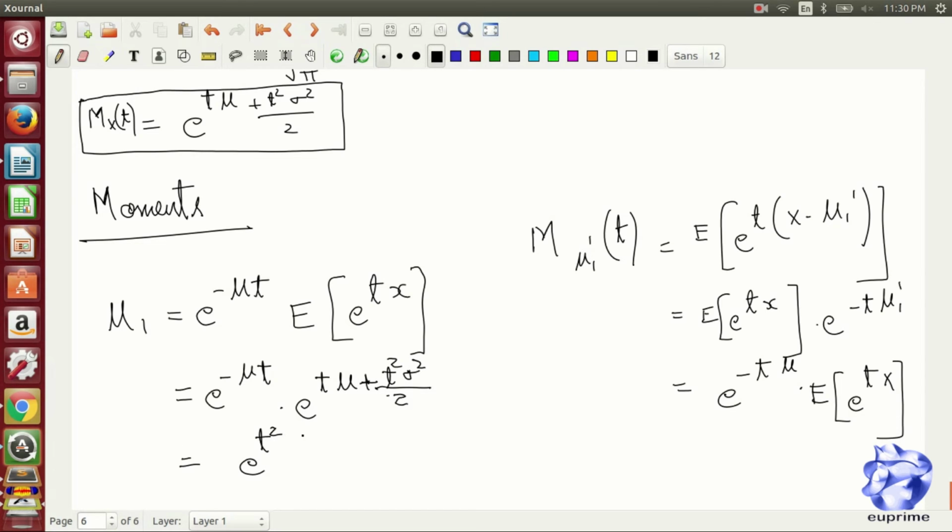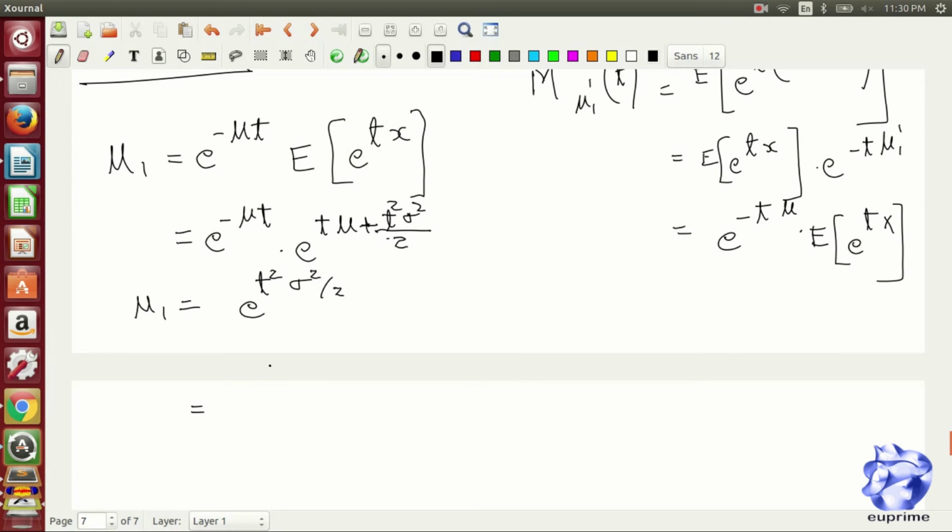The multiplication of this exponent function is simplified as given, and mu1 is equal to 1 plus t square sigma square by 1 factorial, and then by 2, and then by 3.